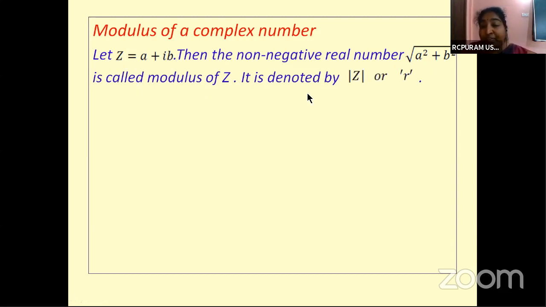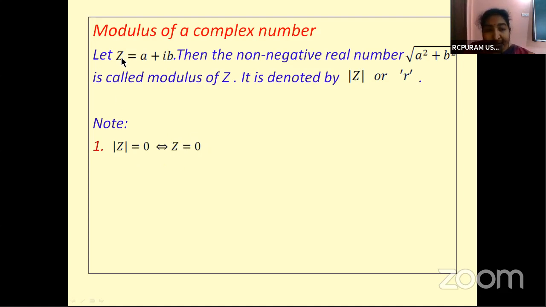We denote it with parallel lines for z, right? We read it as modulus of z, or we can always say it as r. r is nothing but the modulus of a given complex number. Now, when modulus of z is equal to 0, it implies that the complex number itself is becoming 0.